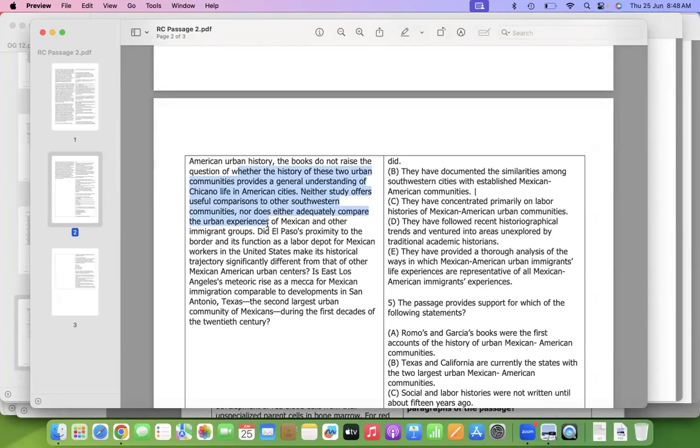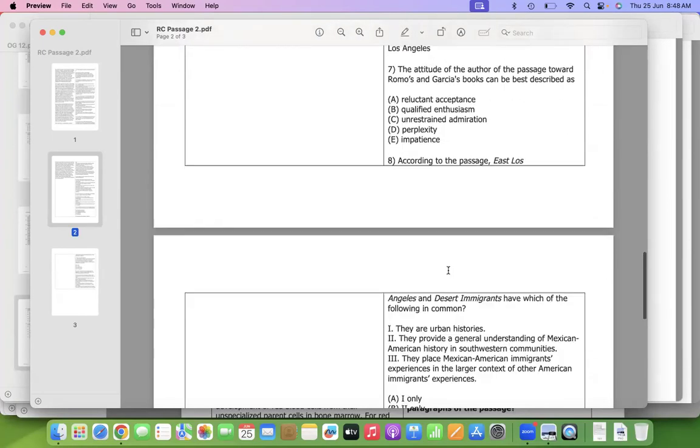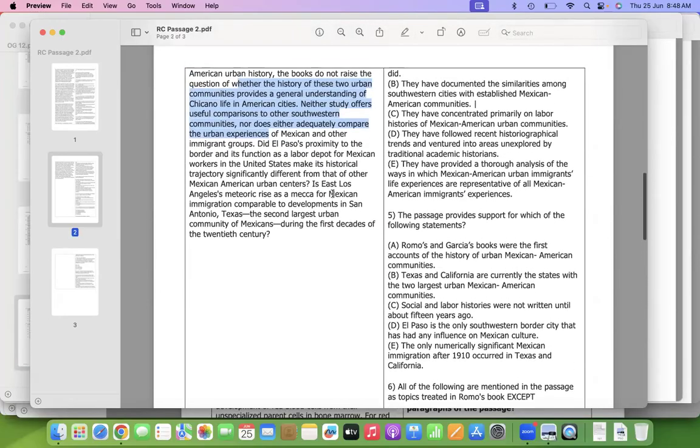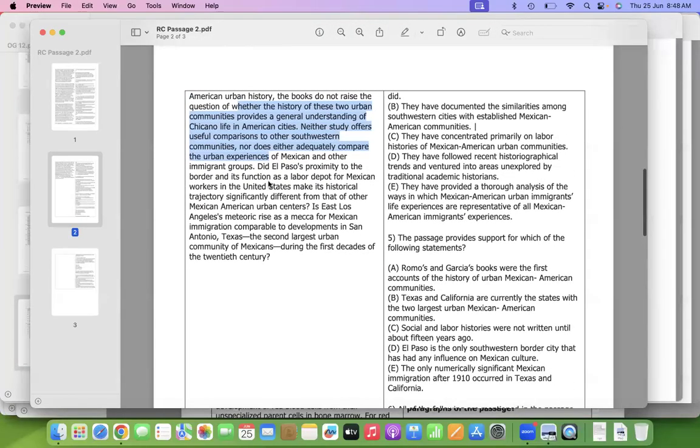The option says they place the Mexican American immigrants' experience in the larger context of other American immigrants. That is what they don't do. They don't compare with others, no? Neither study offers useful comparisons to other communities or other Mexican and immigrant groups. So they don't tell you how it is in reference to the others.